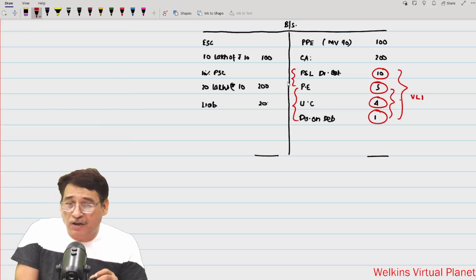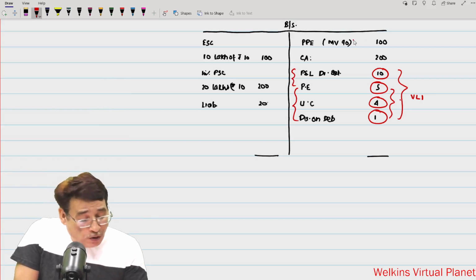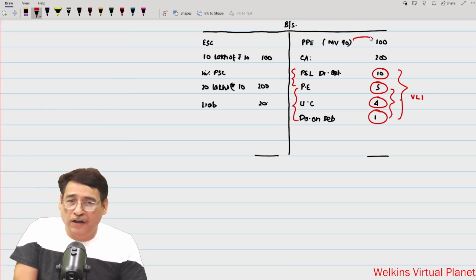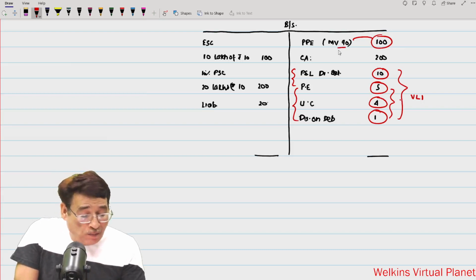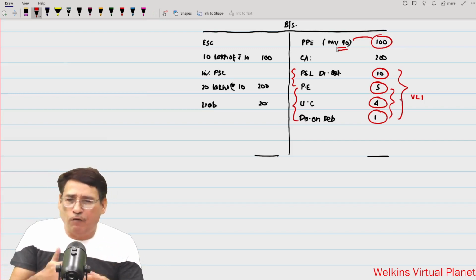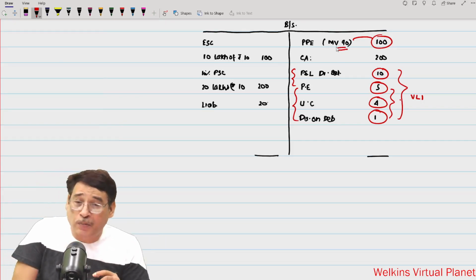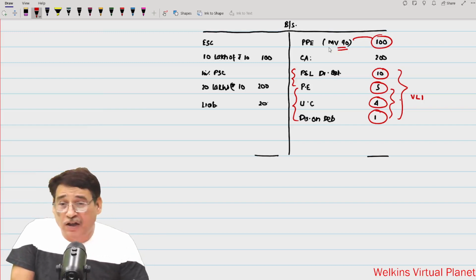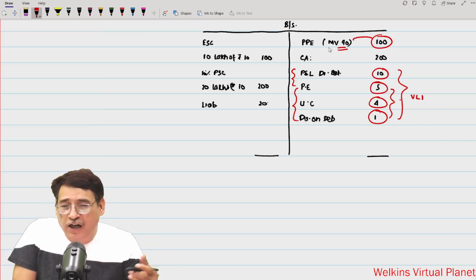Not only this, if we look closely, when I wrote property, plant and equipment, we have written in the outer column 100 lakhs, but their actual market value is 90 lakh. Logically, no company should write its asset at a value higher than the market value in its balance sheet. But this company is exactly doing that. That means it is violating the normal principle of recording an item.